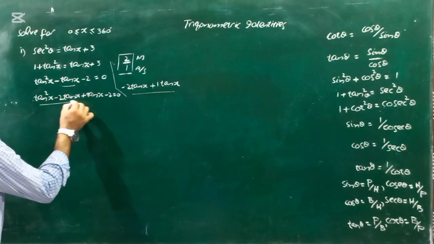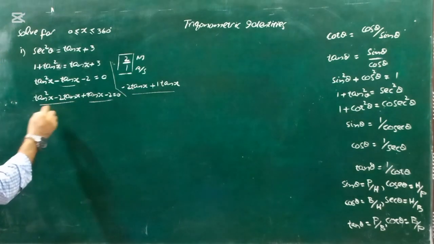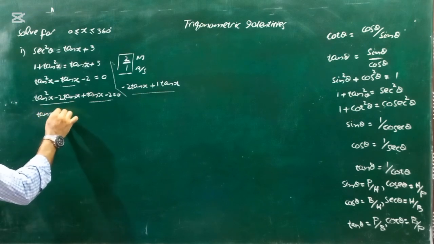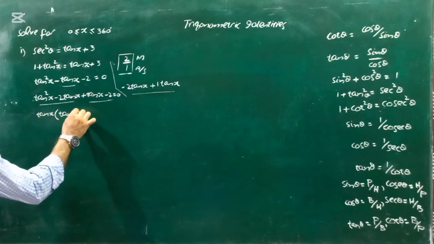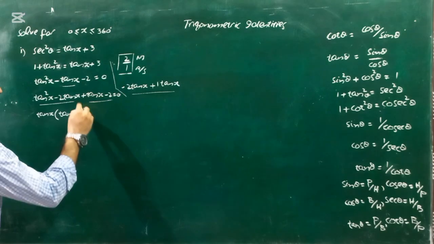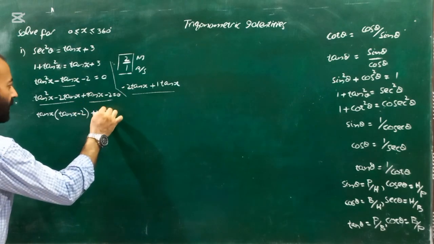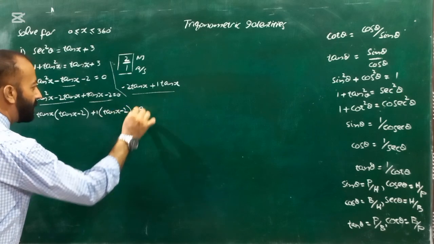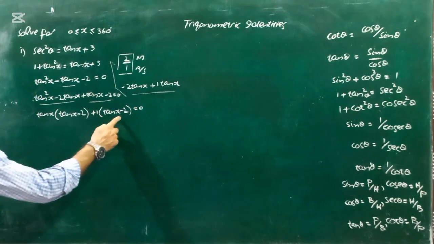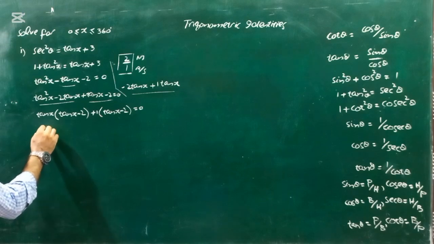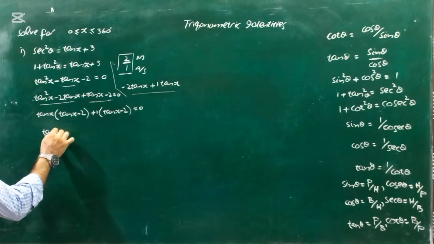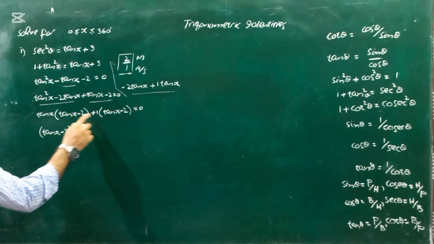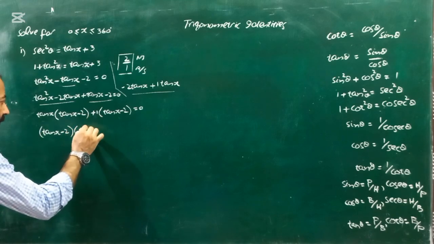At this step we will make pairs and take common. In the first pair tan x is common, the remainder is tan x minus 2. In the second pair plus 1 is common, the remainder is tan x minus 2, equal to 0 is still there. Out of these two common brackets, one bracket will be copied, so tan x minus 2, and the values outside the bracket will be copied in the second bracket.